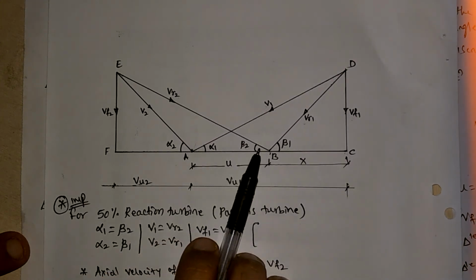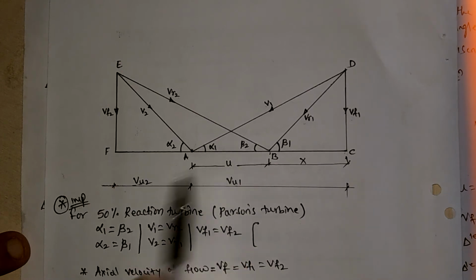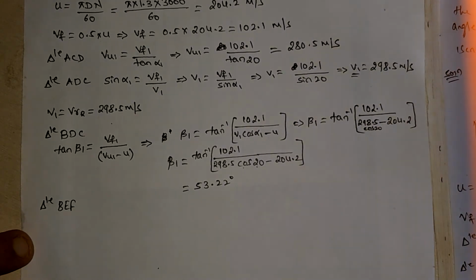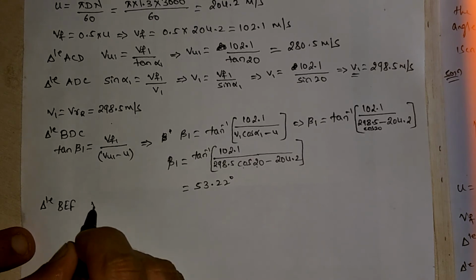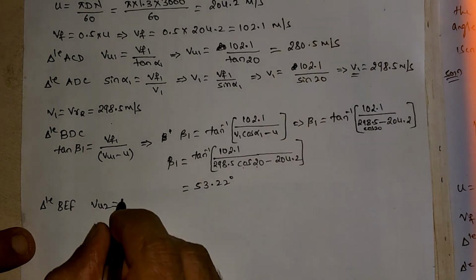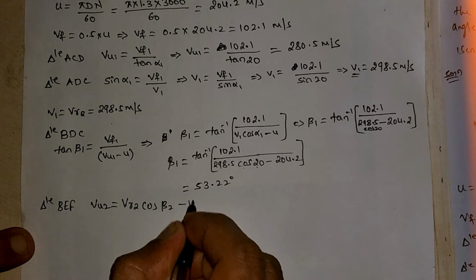Vu2 is nothing but VR2 cos of beta 2 minus u, right? So you know this part. Considering triangle BEF, Vu2 is equal to VR2 cos of beta 2 minus u.